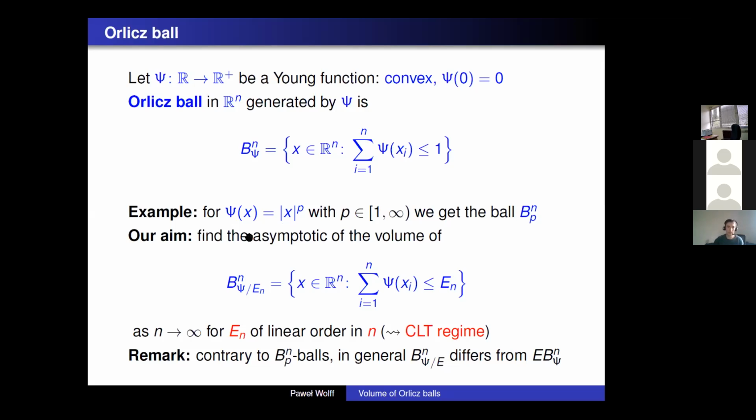So our aim will be to find the formula that provides asymptotics for the volume of such an Orlicz ball. And since we want to have this asymptotic formula, we need to define a sequence of convex bodies, of Orlicz balls.